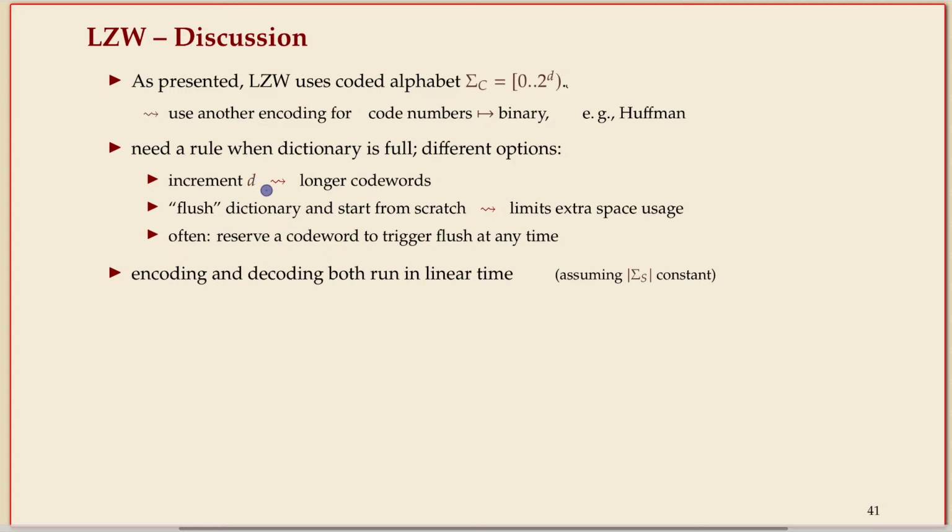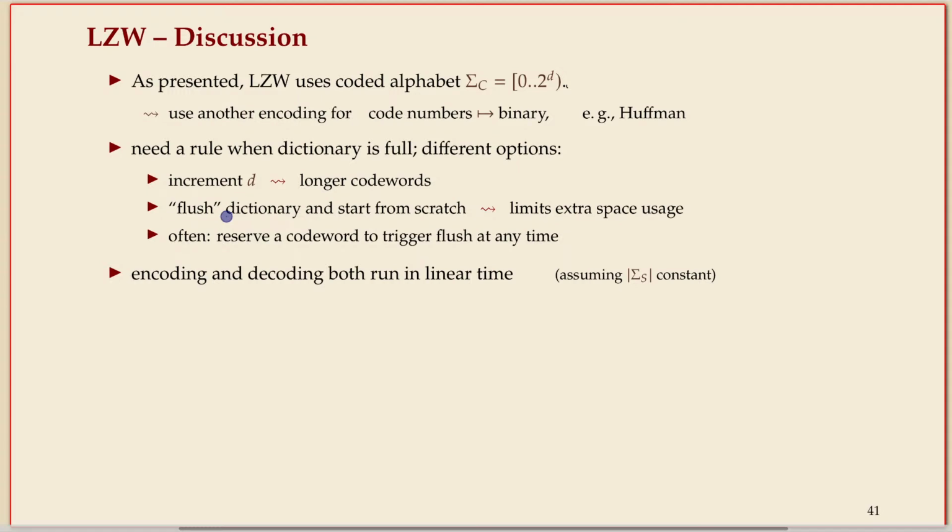And there's different options what you can do. Each can make sense. Depends on what you want to achieve and what the input looks like. If you have reason to believe that the text is overall repeating, then it might make sense to just increment the code word size over time. The other option, often used in practice because it avoids running out of memory eventually, is to just flush the dictionary, start from scratch.